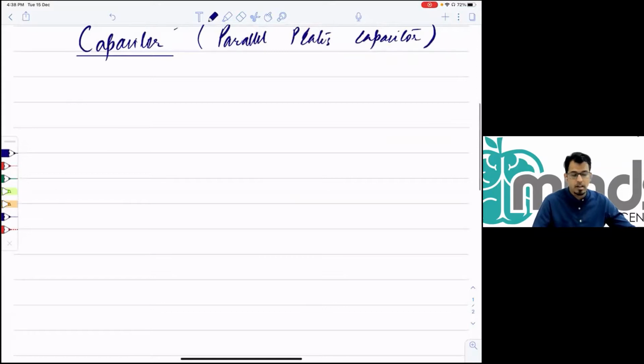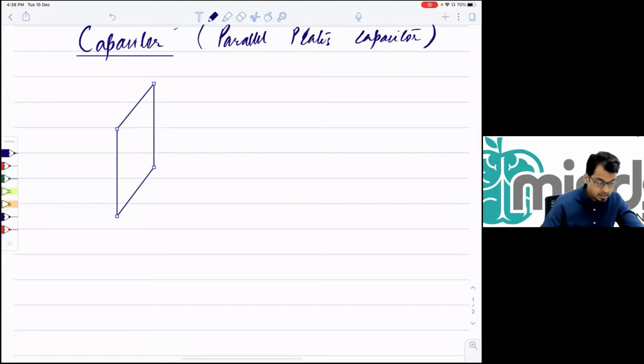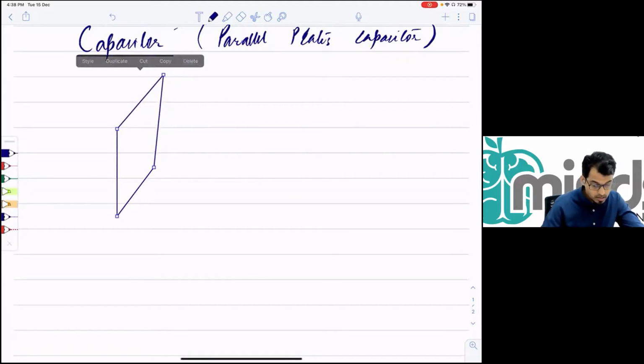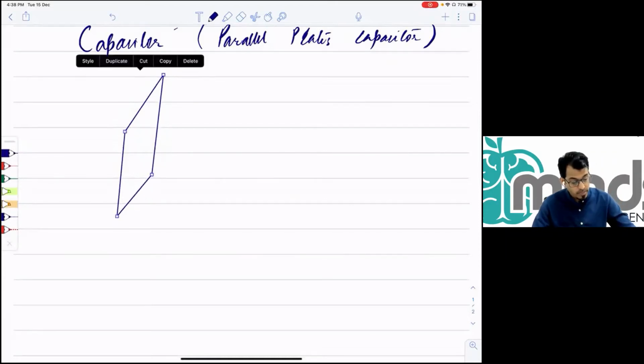Let's say we are discussing parallel plate capacitor. So what we will do, we will take two plates. Those two plates will be something like this. This is plate 1.